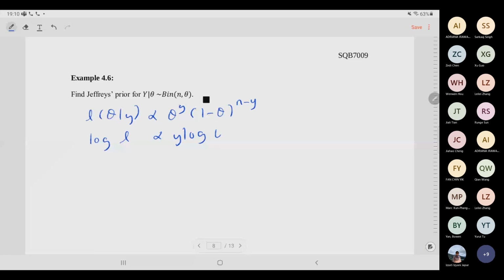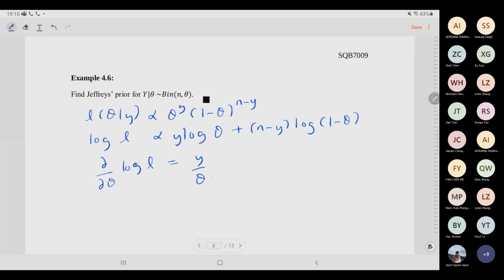You actually need a lot of statistics, because you have to differentiate and integrate. So you have your log likelihood, then you differentiate your log L, the log likelihood.